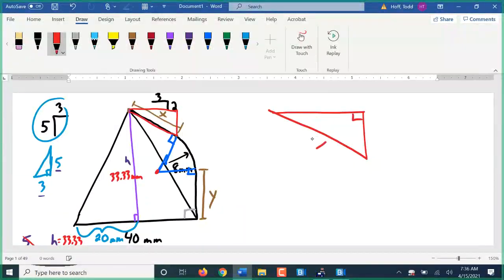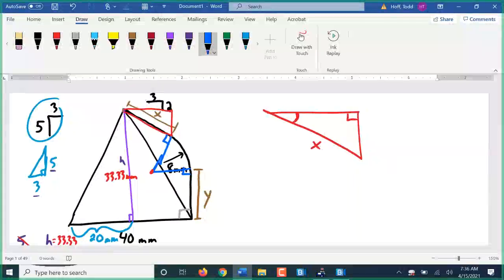The hypotenuse of this triangle is X. I know this angle right here. I know that angle because it'll come from this 2 to 3 aspect ratio. If I'm looking at that angle, 2 would be the opposite side, and 3 would be the adjacent side. So that angle is just the inverse tangent of the opposite side of 2 over the adjacent side of 3.